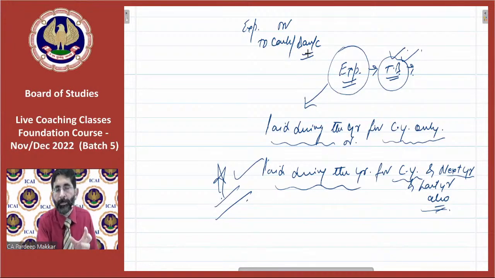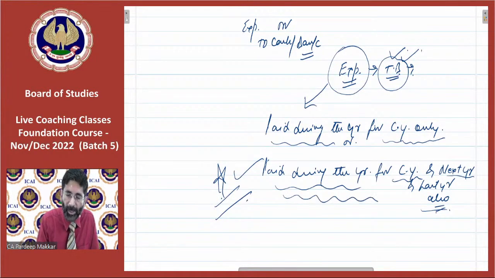We are not analyzing whether it relates to the current year or previous year, because the entry is not different. So whatever is given in the trial balance includes all amounts paid by us during the year, for the current year or next year or last year.